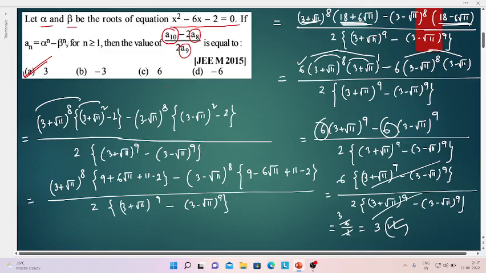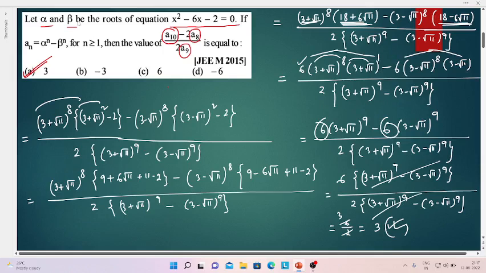So you have to apply Sridharacharya's formula, through which you will be able to find the roots of the quadratic equation, and the roots will be 3 plus root 11 and 3 minus root 11, right? After that, you can take alpha equals 3 plus root 11 and beta equals 3 minus root 11.